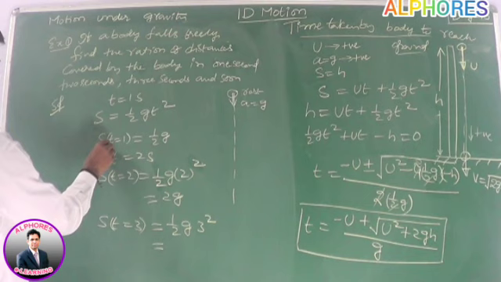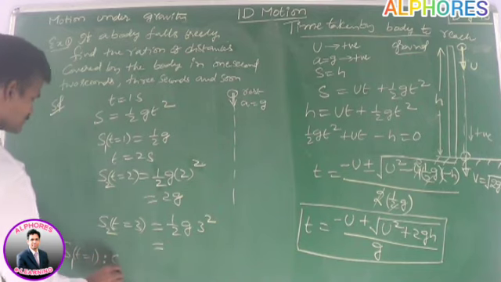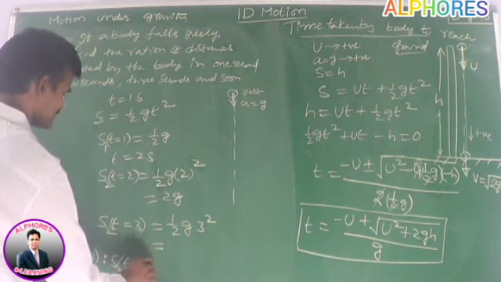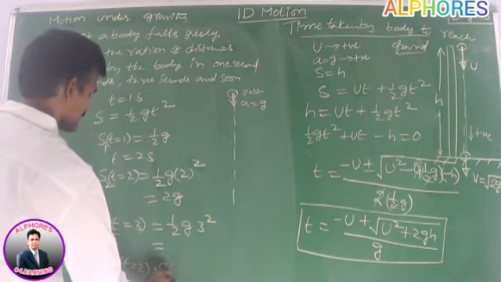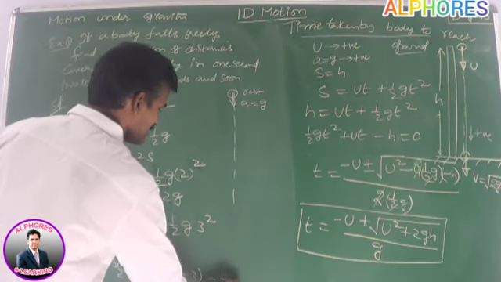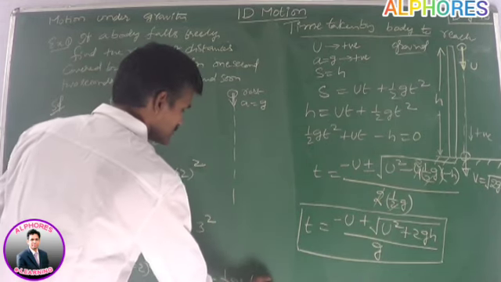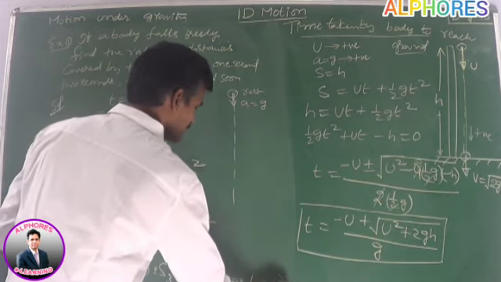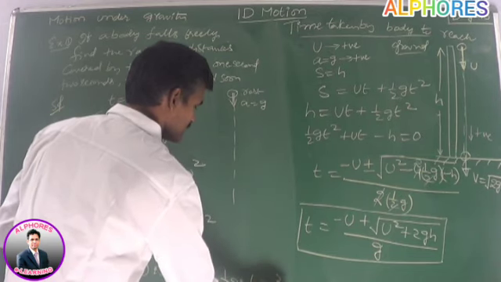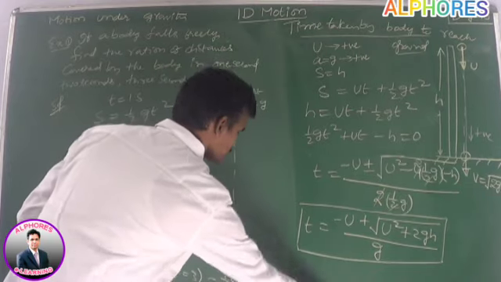Then suppose this is s1, this is s2, this is s3: s1 for t equal to 1 second, s2 for t equal to 2 seconds, and s3 for t equal to 3 seconds. If you calculate the ratio, you get half g is to half g into 2 square is to half g into 3 square, and so on.